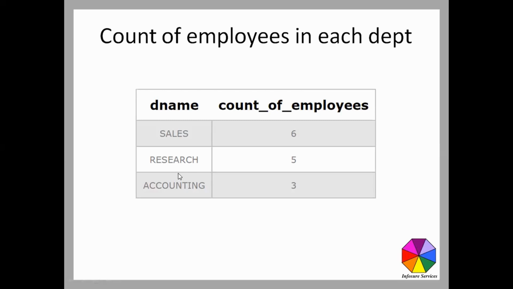When I group by department name, this group by column occurs uniquely once, and by that grouped column name, you can count. So this is an aggregate function. The query will be select department name, comma, count star, and the next line will be group by department name.